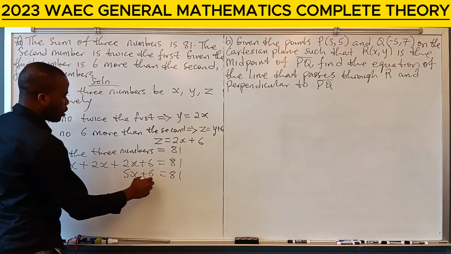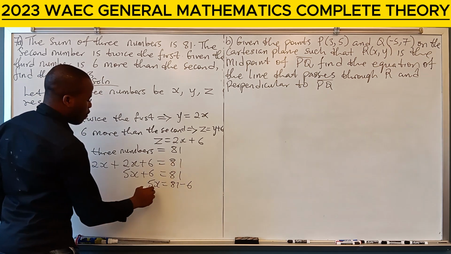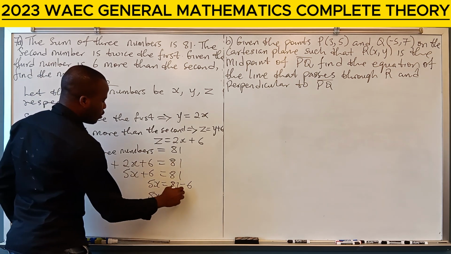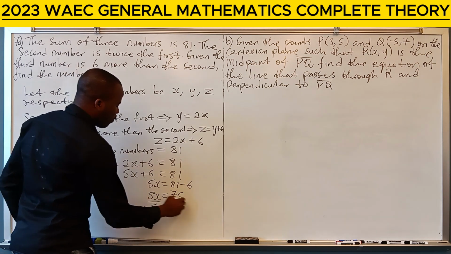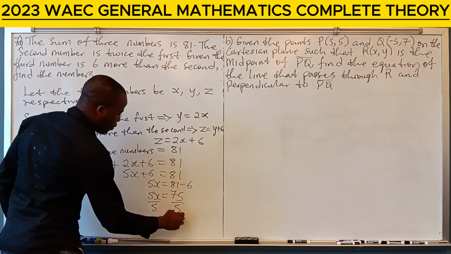Subtract 6 from both sides, we have 5x equals 81 minus 6. 5x will be 75. Divide both sides by 5, we have x to be 15.